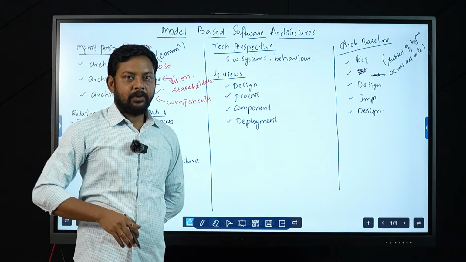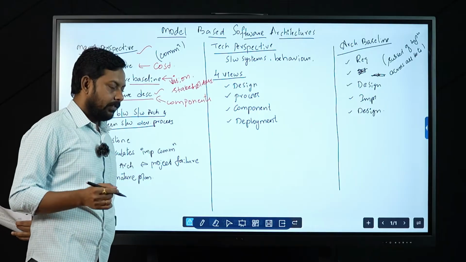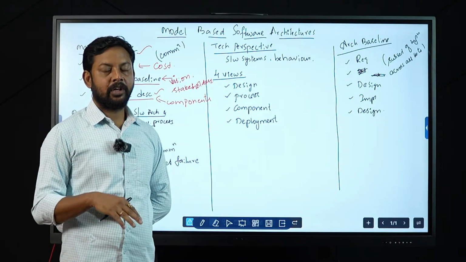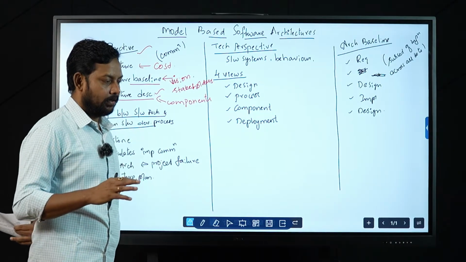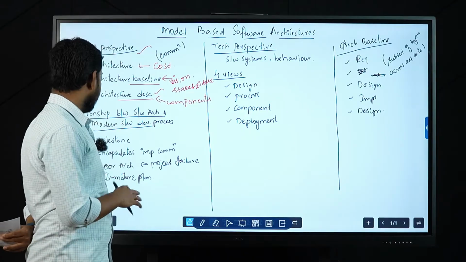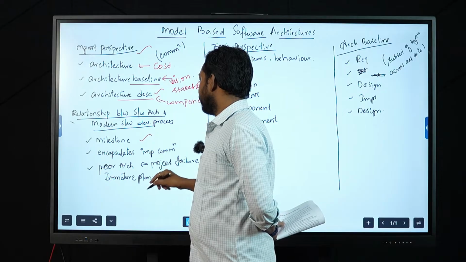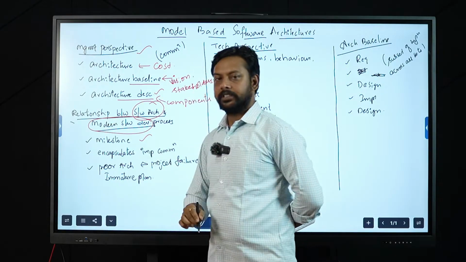When we think about architectures again, we can relate your software architecture with the modern software process also. They are related to each other in the following points. First, they both majorly focus on milestones, either your software architecture or your modern software development process.